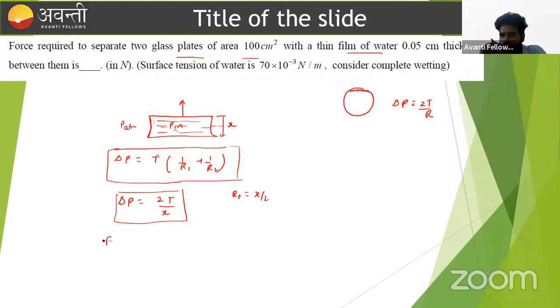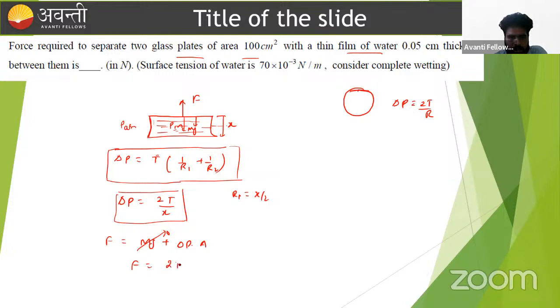If we neglect mg here, because mass is not given, otherwise we also have to consider it. Mg acts in the downward direction if given, and the surface tension force also acts downward because of the excess pressure. So the force is mg plus excess pressure into area. But mass is not given, so we can neglect it.